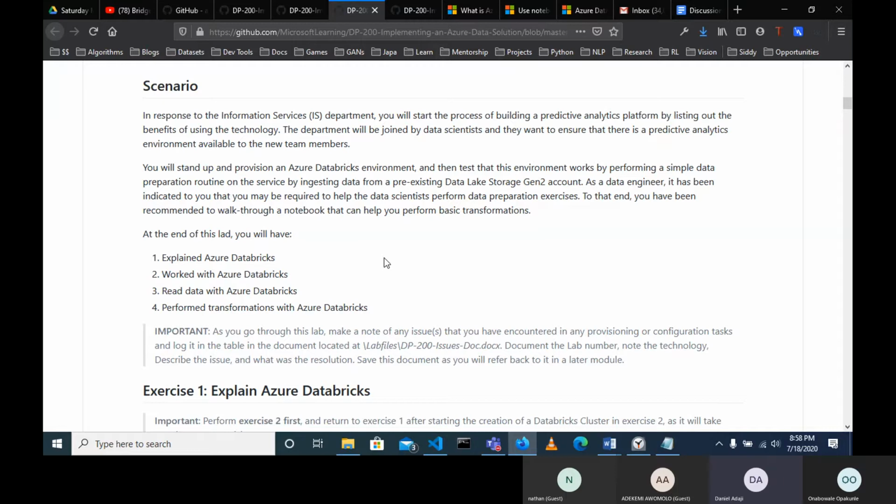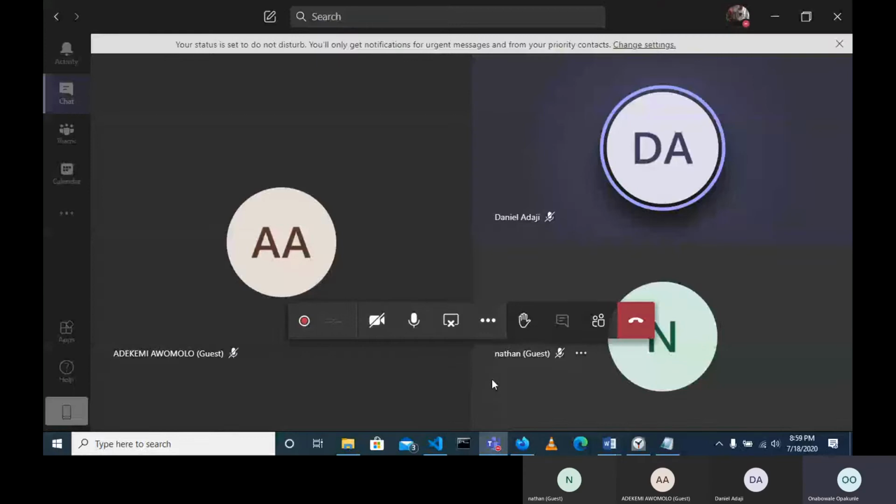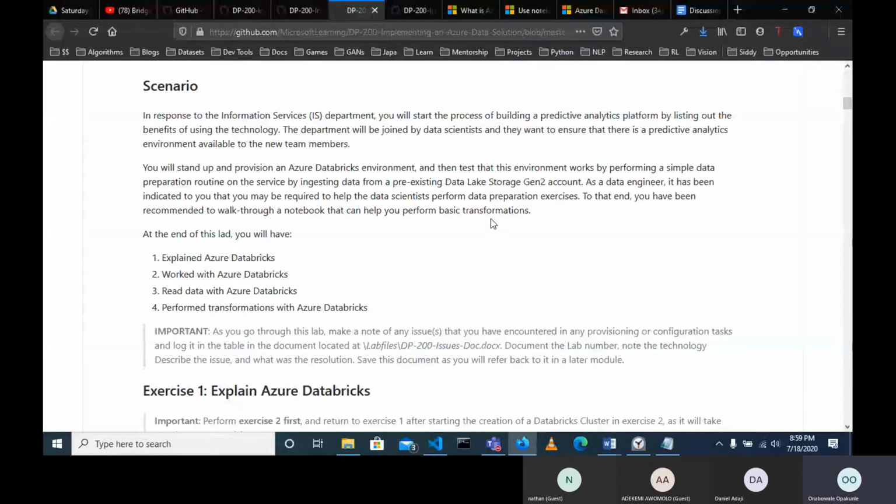So basically in this scenario, the storage that will be needed is data lake storage. Okay, does that explanation make sense to you, Kemi and Nathan? Why historical data is best stored in a data lake storage? Yes, it does.